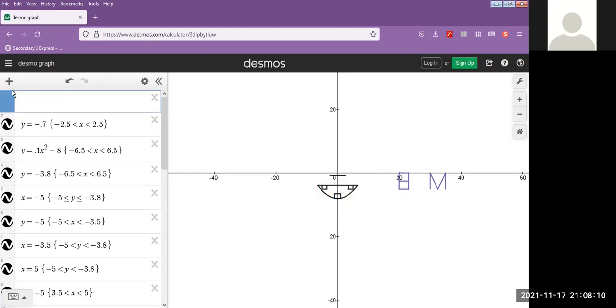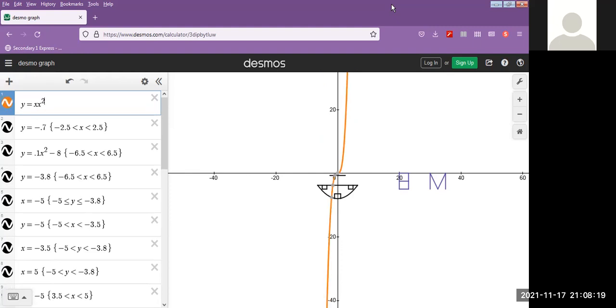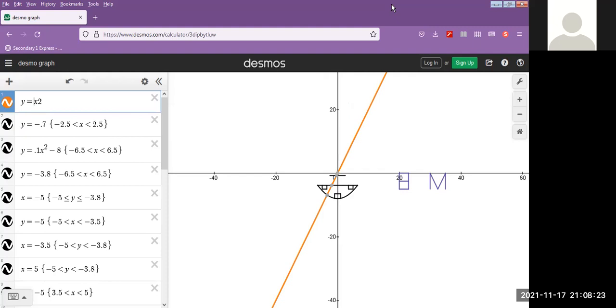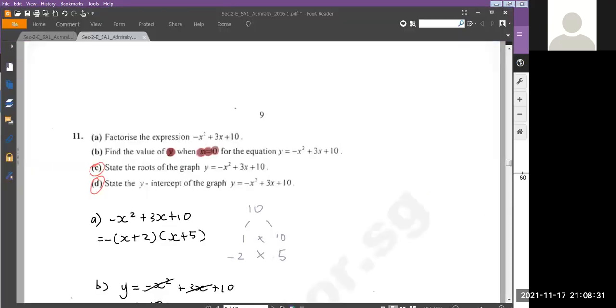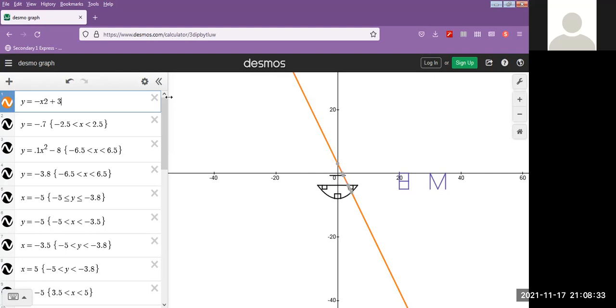So I need to input the question. So it's y equals minus x squared plus 3x plus 10. Yeah, good.